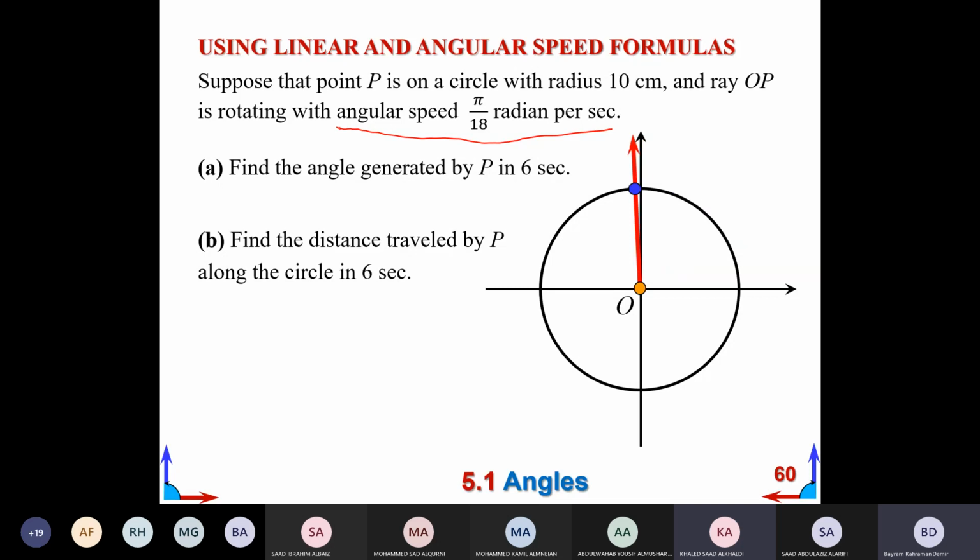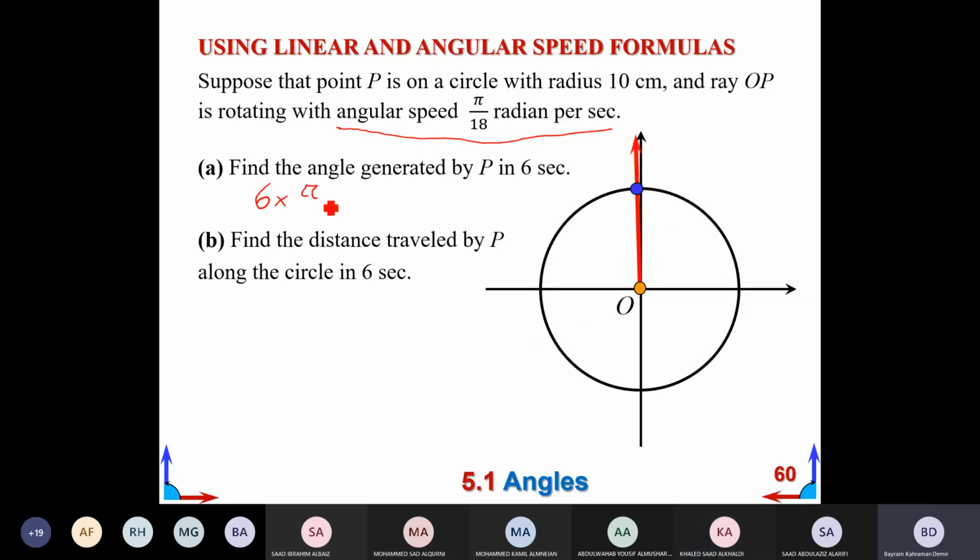Yes. This is the angular speed. So find the angle generated in 6 seconds. So what shall I do? Pi over 18 equals theta over 6. Is it just multiply by 6? Yeah, just multiply by 6.